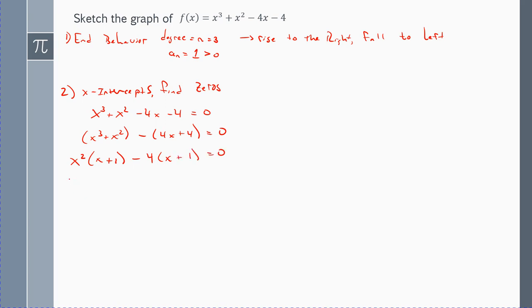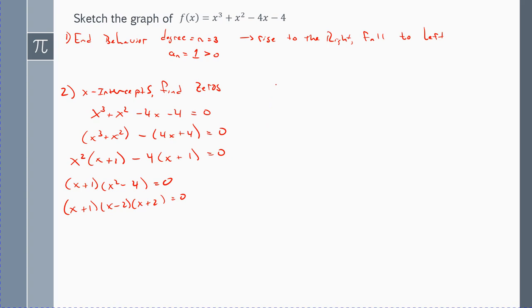Well, look here. So I have x plus 1 times x squared minus 4 is equal to 0. Well, what does x squared minus 4 factor as? This factors into x plus 2 times x minus 2. Wow, a lot going on here. If I set all of these equal to 0, you can see this very easily.